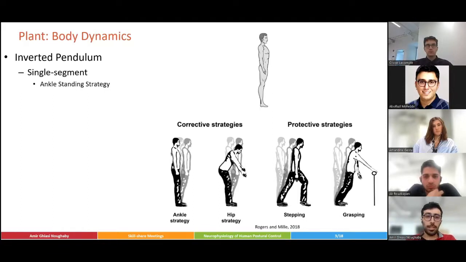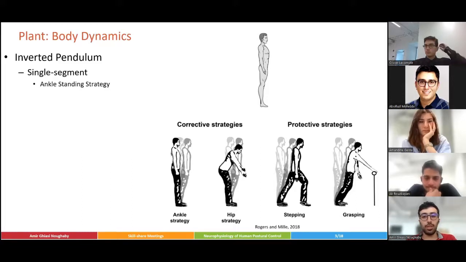In fact, if the base of support, that is the surface that the body has contact with in the environment, is big and the perturbation is small, we can consider the corrective strategy to keep the balance as the ankle strategy, that is just a single inverted pendulum.